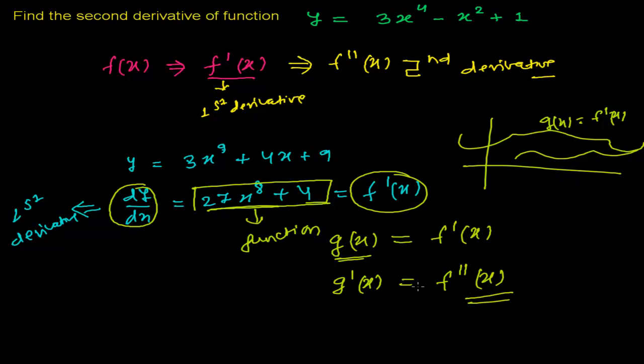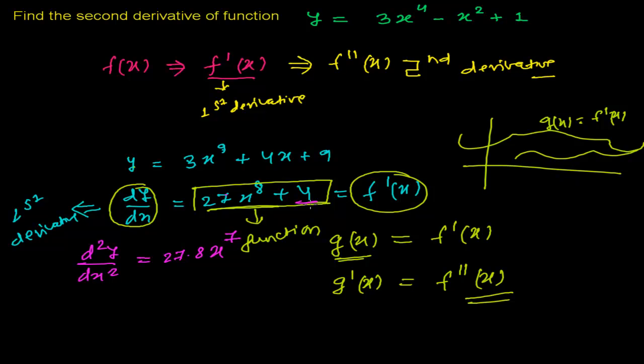I hope you understand it. So if you find the second derivative, d square y over dx square, it will be 27 times 8 x to the power 7, since 8 is reduced by 1. The derivative of 4, you don't have to write, because the derivative of any constant is 0.